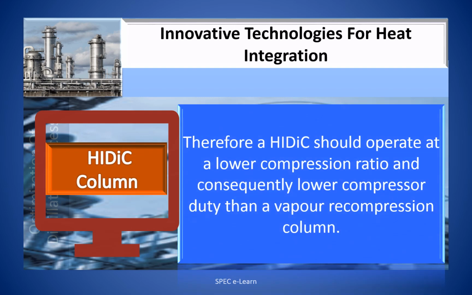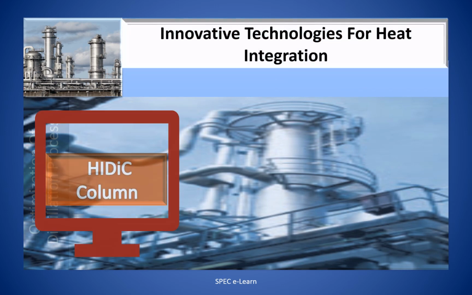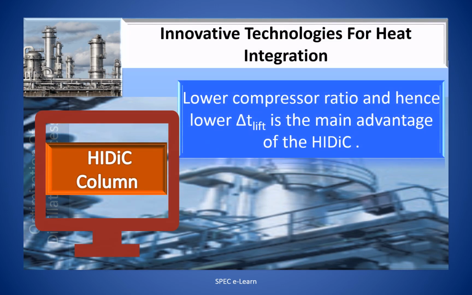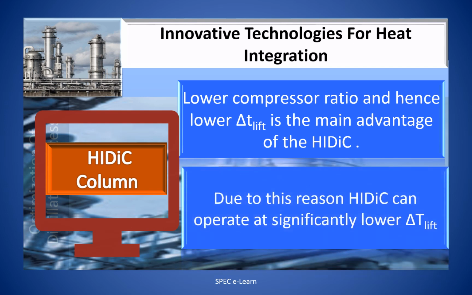Therefore, a HIDiC should operate at a lower compression ratio and consequently a lower compression duty than a vapor recompression column. Lower compression ratio and hence lower delta T lift is the main advantage of HIDiC.